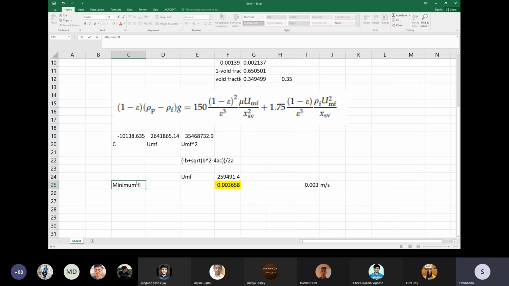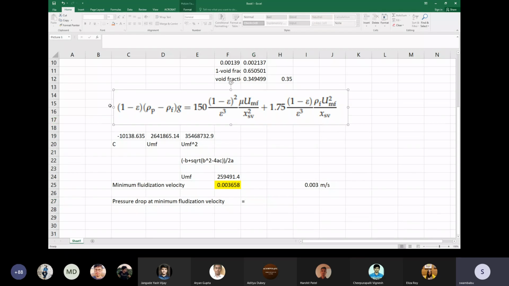Minimum fluidization velocity. Now calculate the pressure drop. So we know this is delta P by L. This is basically delta P by L, right?